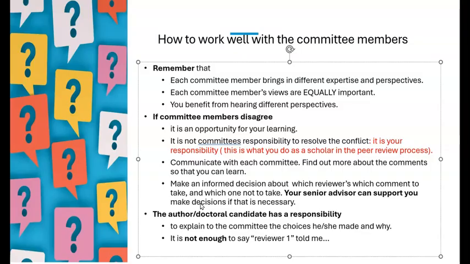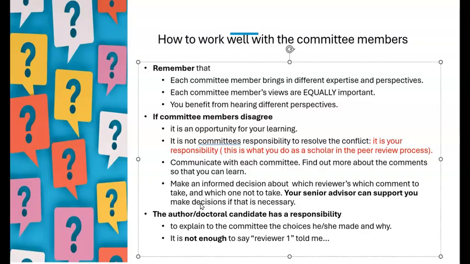It is your responsibility as a doctoral candidate to communicate with each committee member and find out why each person is saying something about a certain aspect of your dissertation, and then choose the right view that works best for you.